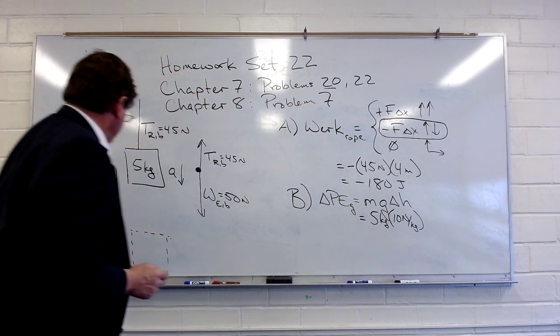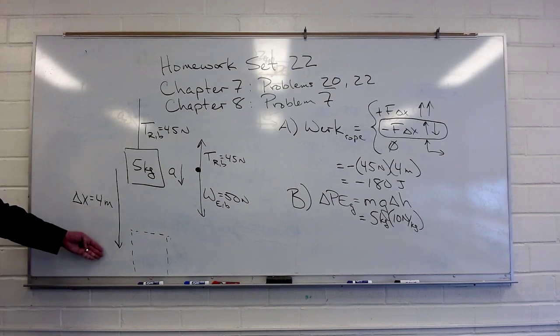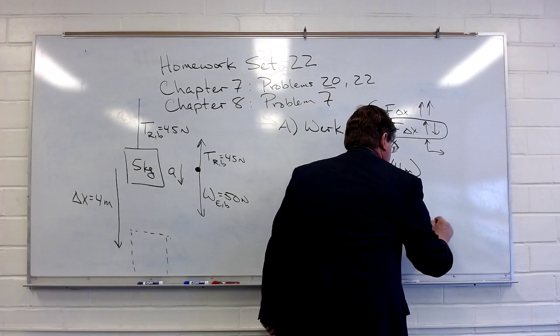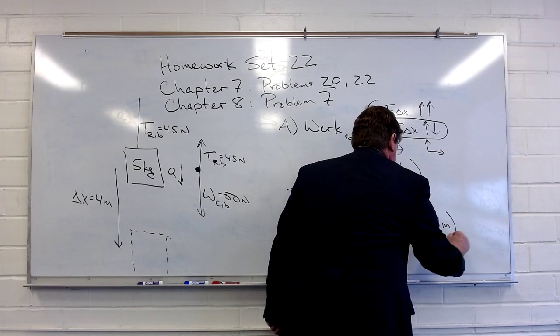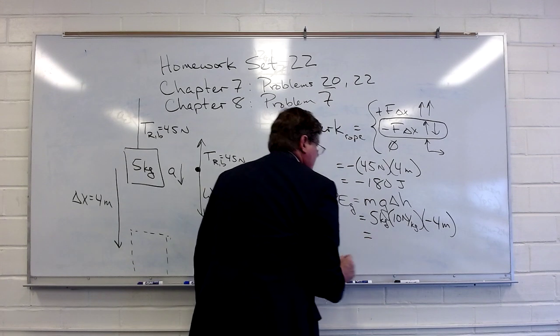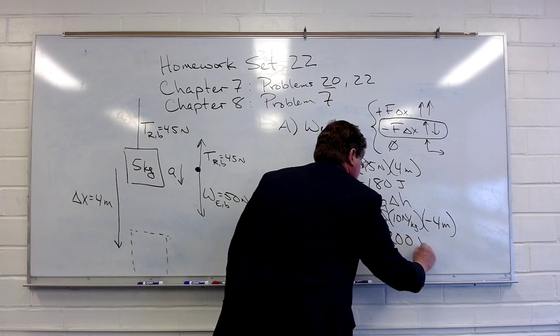And the height, if I'm going from up here to down there, that's going to be a change in elevation of negative 4 meters. And that's going to give me a change in potential energy of negative 200 joules.